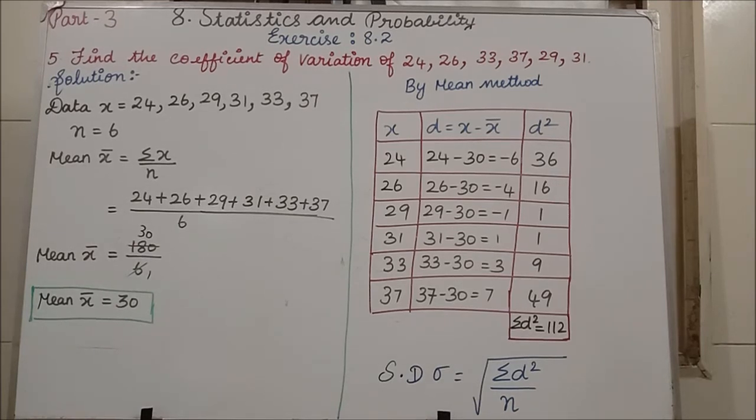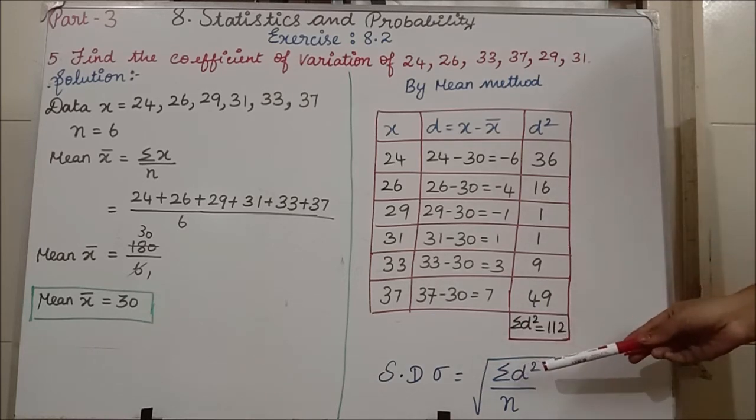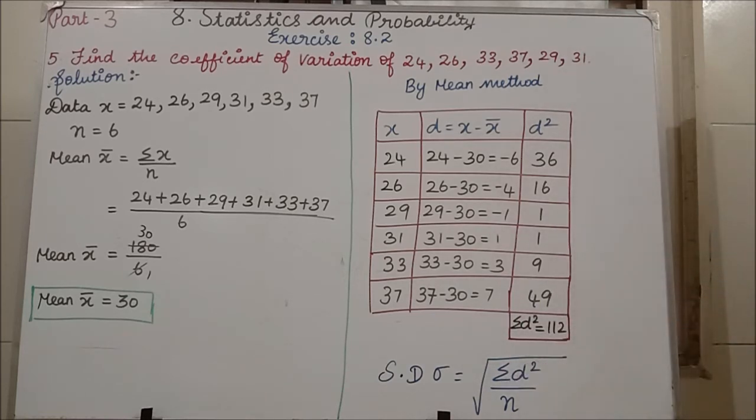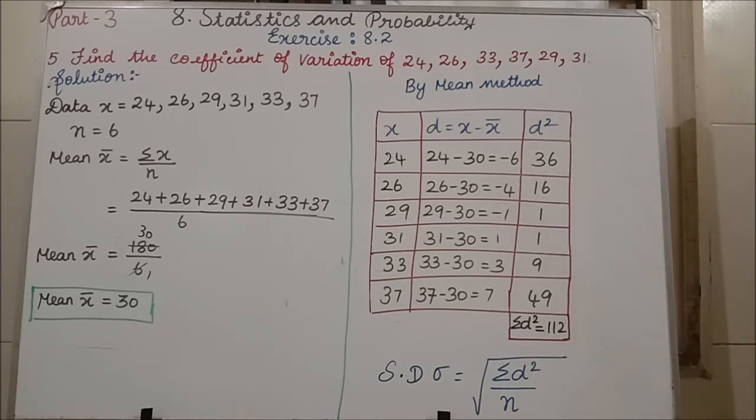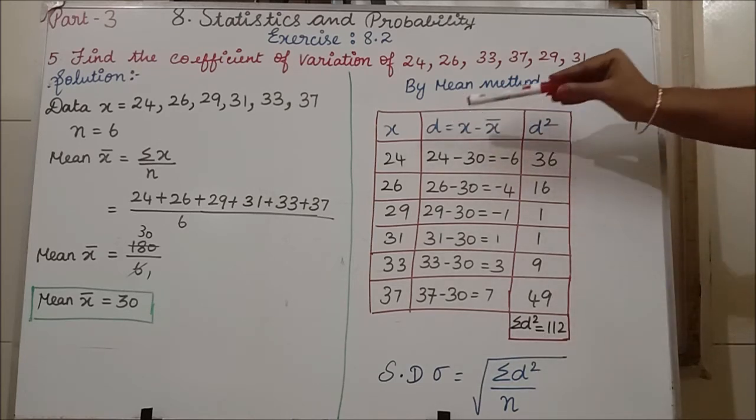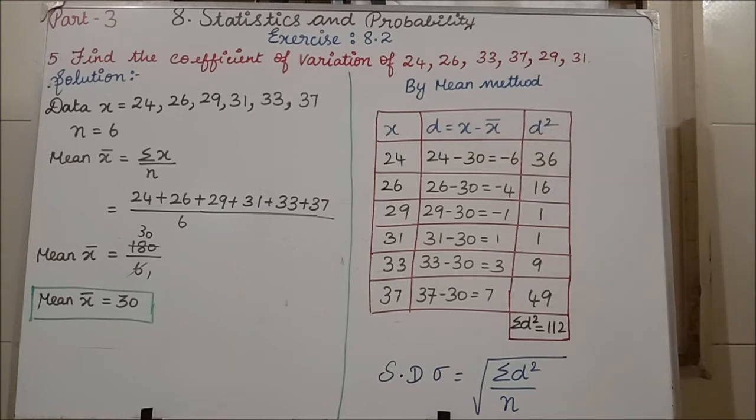Now we are going to calculate the standard deviation by the mean method. See, the mean method formula, I have written down. Standard deviation sigma is equal to square root of summation d square divided by n. This is the mean method to calculate the standard deviation. Clear? Summation d square we need. d is equal to x minus x bar is the formula.